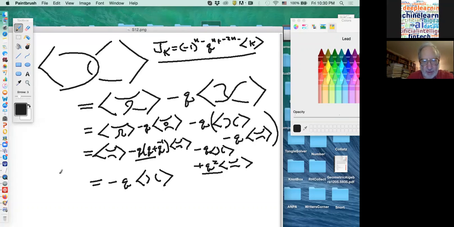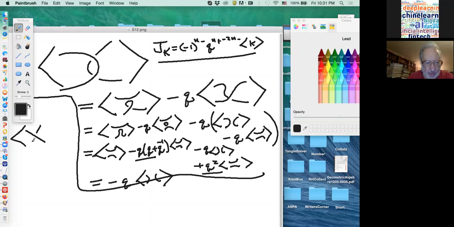And what about the third Reidemeister move? Let's just move in over here in the corner and check what happens there. It's the old story in that case. We have this, and this is going to be expanded into that. But now you have a Reidemeister 2 move, and when you pull it out, it multiplies by a minus q. And when you put it back in, it multiplies by a minus q inverse.